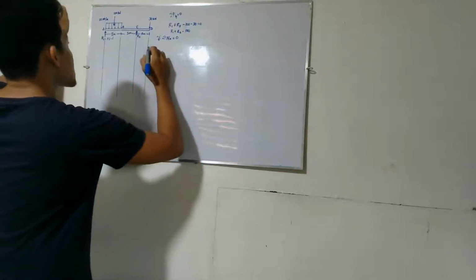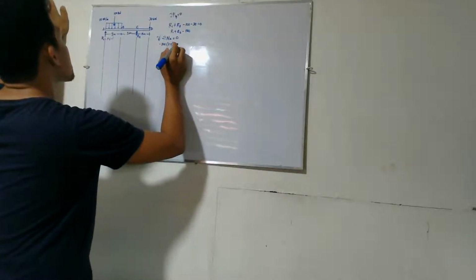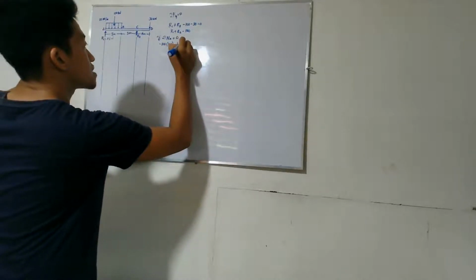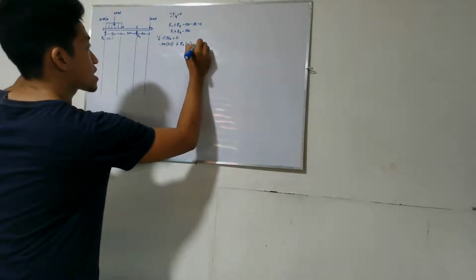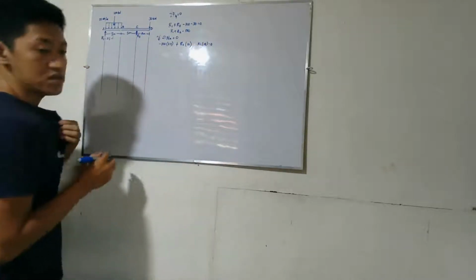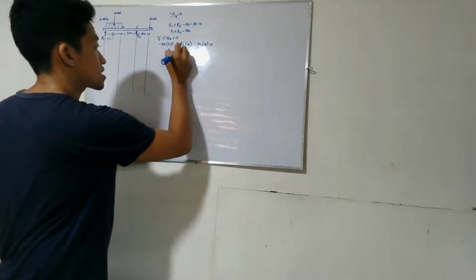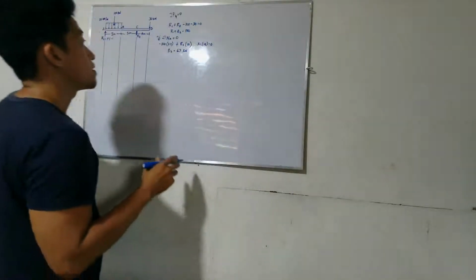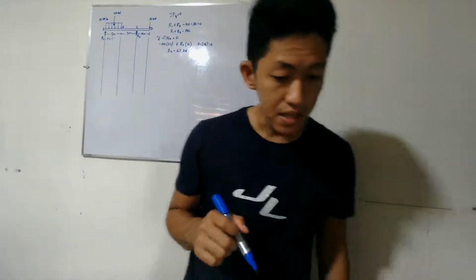So negative 100 times 2.5, summation of moment at A, plus R2 times 10 minus 30 times the total length 14 equals 0. Therefore, R2 is 67 kilonewton. Take note of the unit, kilonewton. And then, do you see the letters?